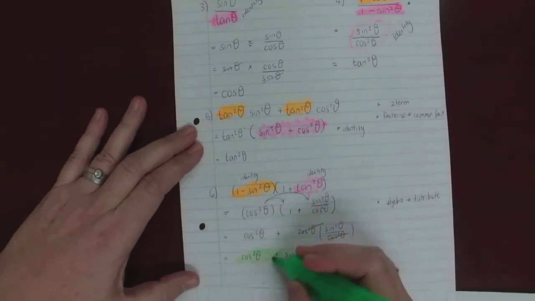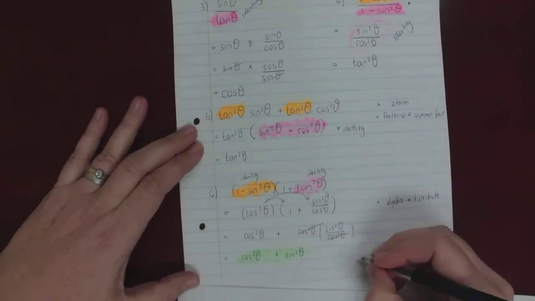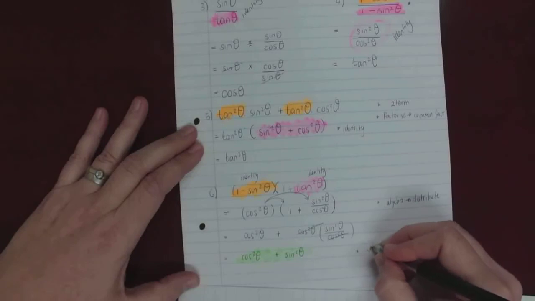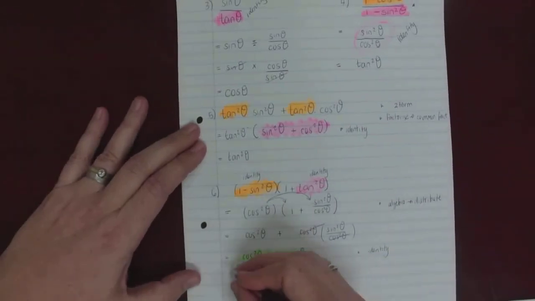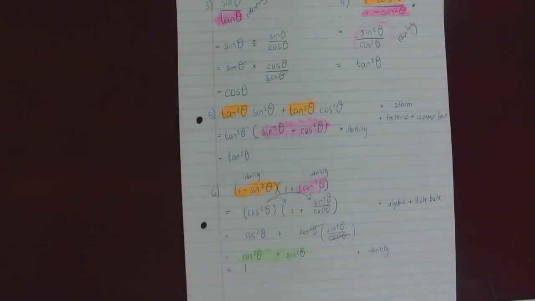Now, what can you tell me about cos squared theta plus sine squared theta? It's the same as sine squared theta plus cos squared theta, which is an identity. Therefore, my answer is 1.